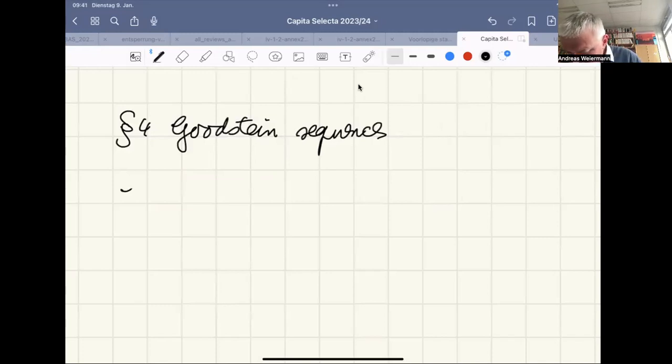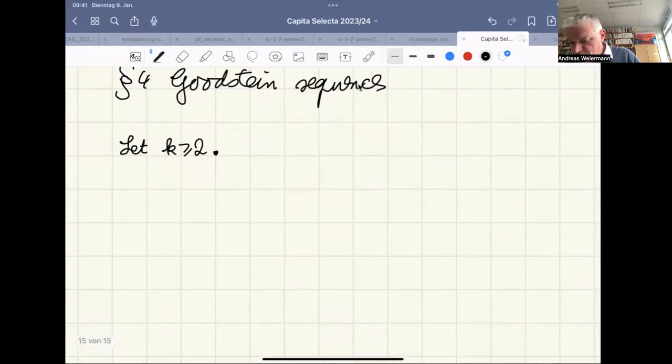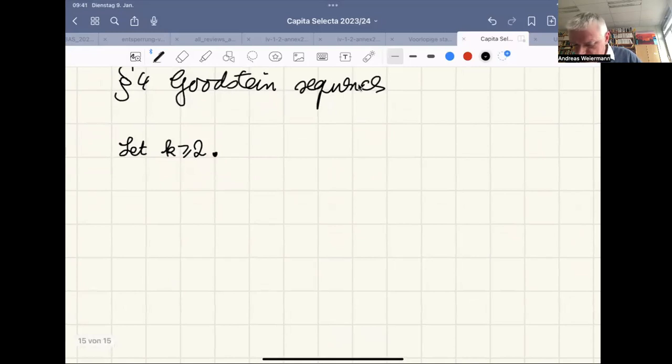So to give it a start, fix a number k at least as big as 2. Now k is chosen to develop numbers with respect to base k. So lemma 4.1.